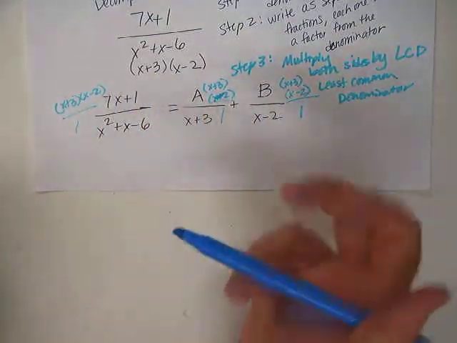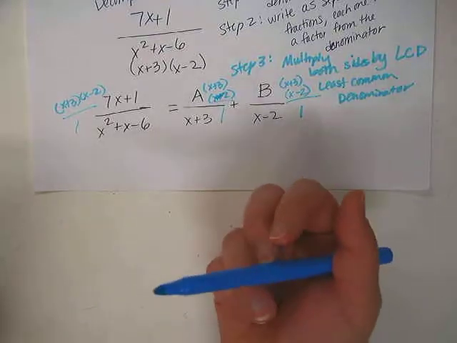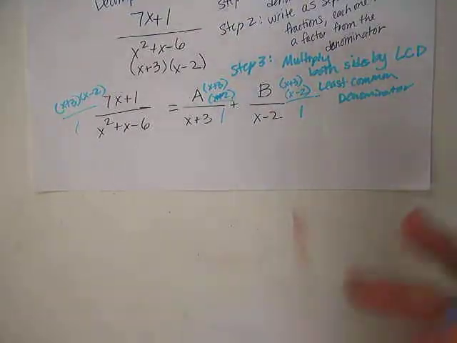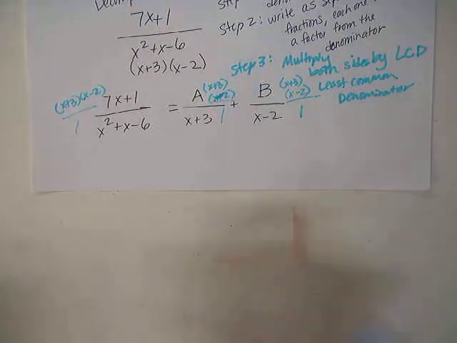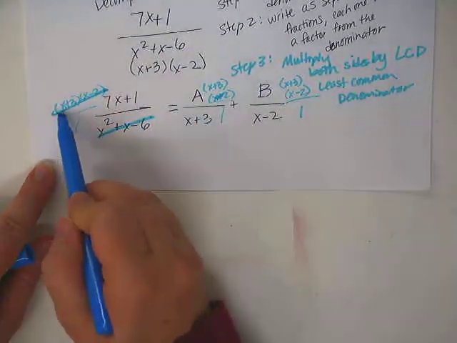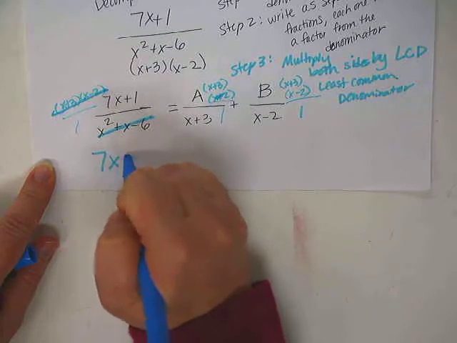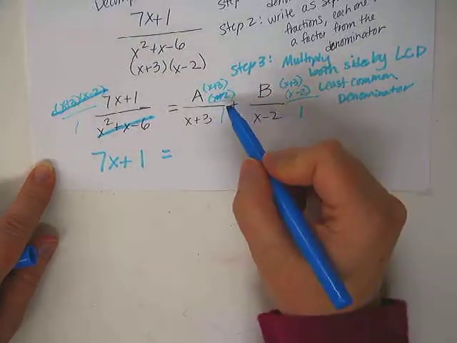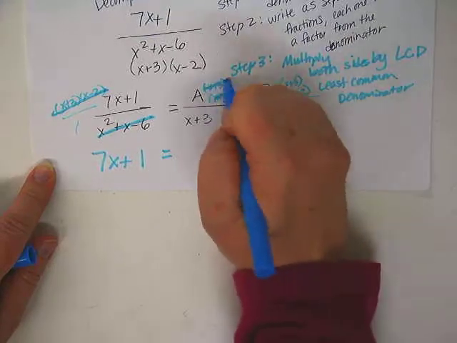Because what you do to one side, as long as you do it to the other side in algebra, is a legal thing, right? Like taking the square root of both sides, or taking the log of both sides, or dividing both sides by a number, or multiplying both sides by a number. That's what we're doing. Okay? So then this entire denominator cancels with that entire thing, and we're just left with 7x plus 1.